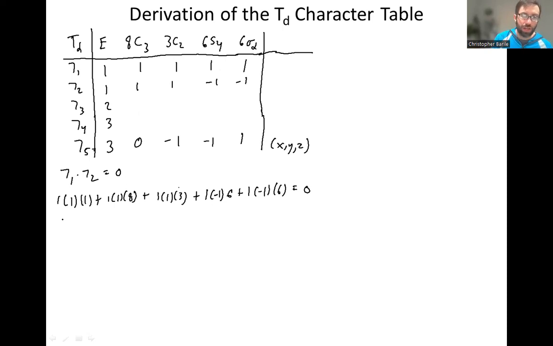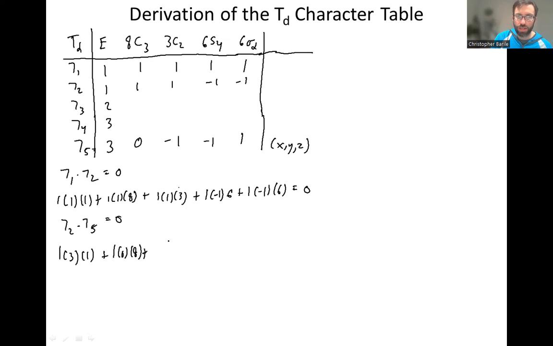So that's good. We can also check that gamma 2 dotted with gamma 5 equals 0, and it should. In that case, we're going to have 1 and 3, 1 and 3, times 1 for the identity operation. We have 1 and 0. I don't even have to write that one out, but I will, 1 times 0 times 8, just for clarity.